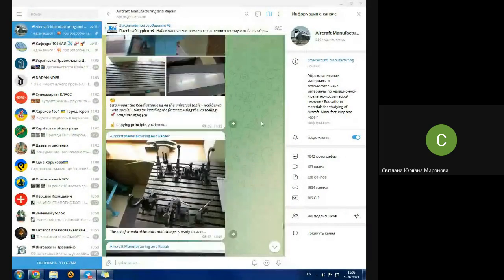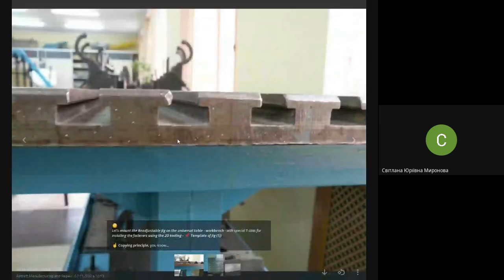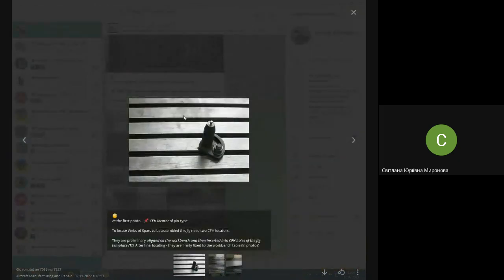And next you see the procedure of jig mounting. Above the wall we have a workbench. The workbench has special T-slots, you see it. Inside of such a T-slot we insert a bolt upside down. The head of the bolt is here and the shank of the bolt is here.